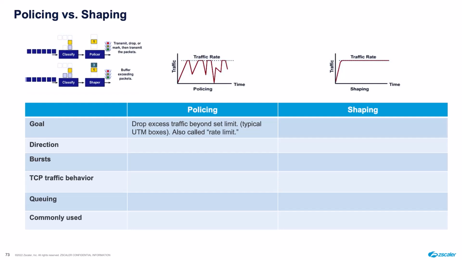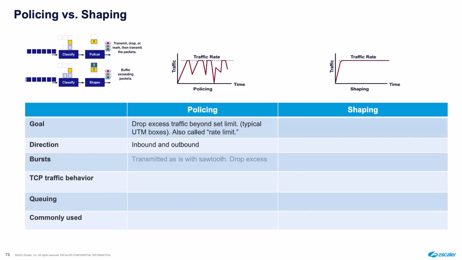Oftentimes, the direction in which you apply policing is both inbound and outbound. Since it acts as a pure rate limiting function, it acts in both bidirectional aspects. And especially the value from policing is more when you see a spike or burst or some anomalous traffic being transmitted. The expected result when such a burst happens is that you get smoothed out.